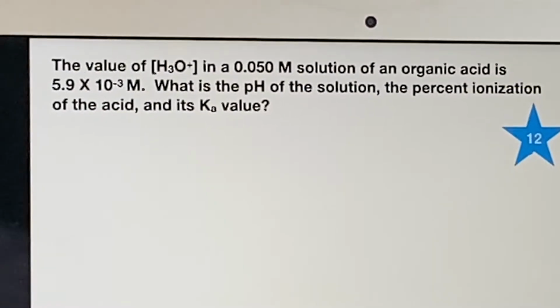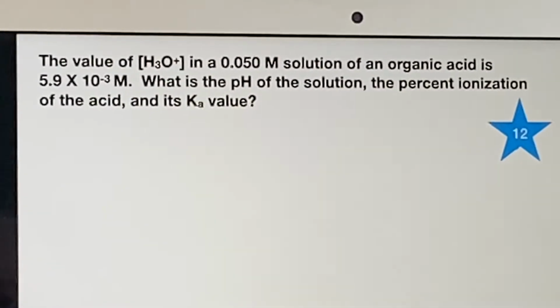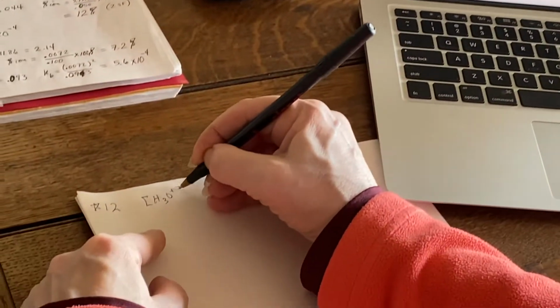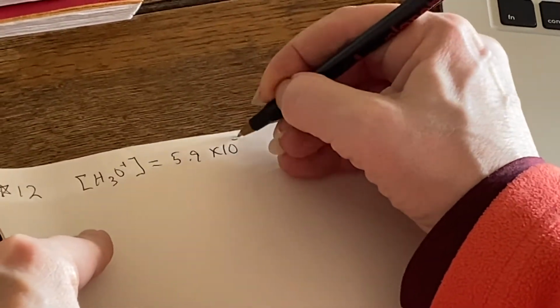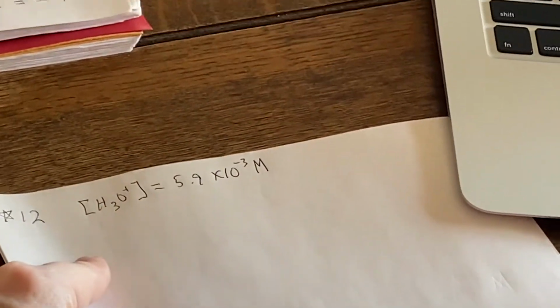We have another problem here. It says what the value is of the hydronium ion, so we'll go ahead and write that down. H3O+ concentration is 5.9 times 10 to the negative third. Yes, it's molarity.